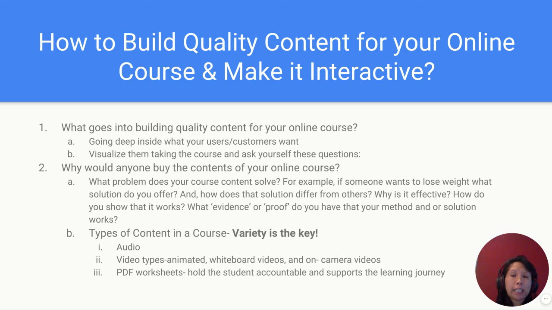And then last but not least is thinking about the types of content in your course. Going back to the idea that we are humans and we like interaction and we like interactive elements, we want to think about variety. So including audio, different types of video, from animated, whiteboard, or even talking to a camera. Different styles really work with different styles of learners.